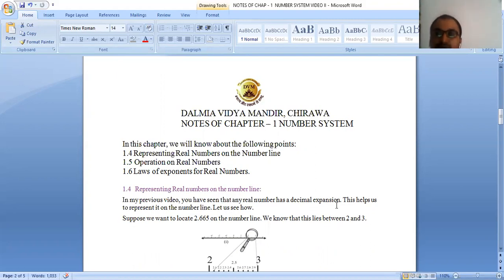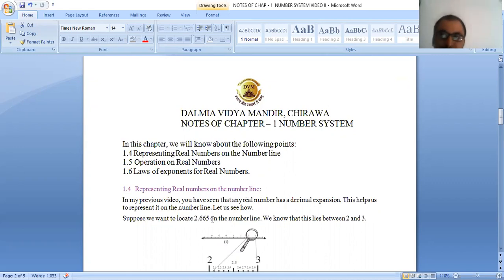I have explained this in my previous video about real numbers, and I told you that every real number can be represented on a number line. This decimal expansion helps us to represent it on the number line. Let us see how. How can you represent any real number on the number line?